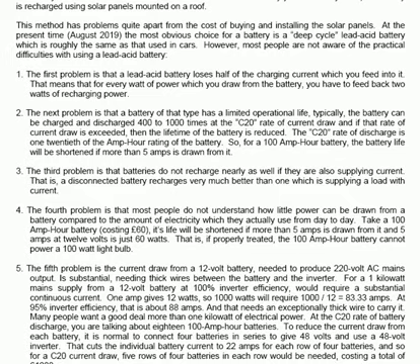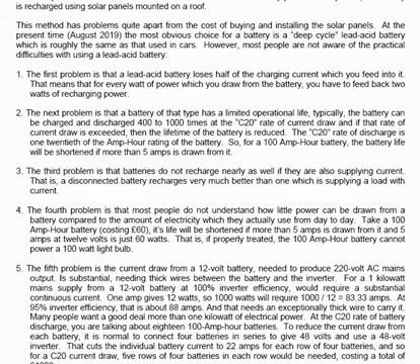The fifth problem is the current draw from a 12 volt battery needed to produce 220 volt AC mains output is substantial, needing thick wires between the battery and the inverter. For a 1 kilowatt mains supply from a 12 volt battery running at 100% inverter efficiency would require a substantial continuous current. 1 amp gives 12 watts, so 1000 watts will require 1000 divided by 12, which is 83.33 amps.